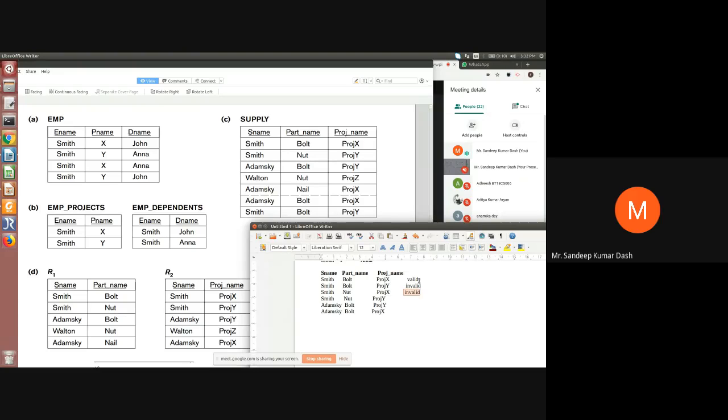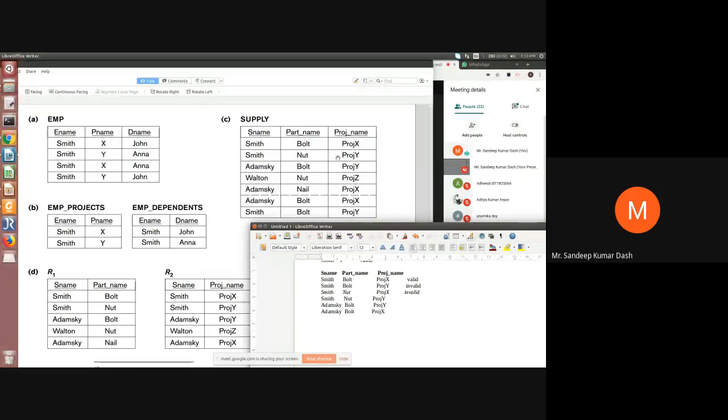Okay, that means whenever you combine the divided relations back so that you get the original relation R, you are not getting it exactly. You are getting some additional tuples. These tuples are called spurious tuples or invalid or wrong data. The project X and knot are never combined.